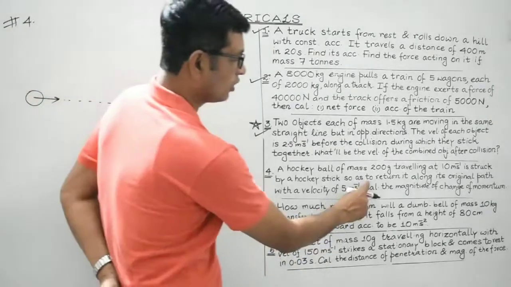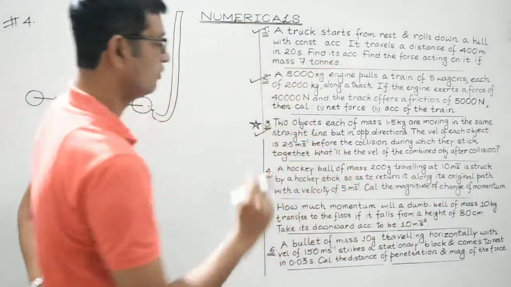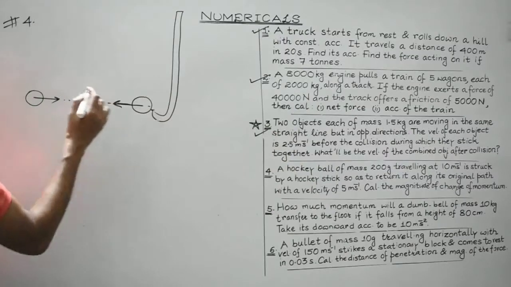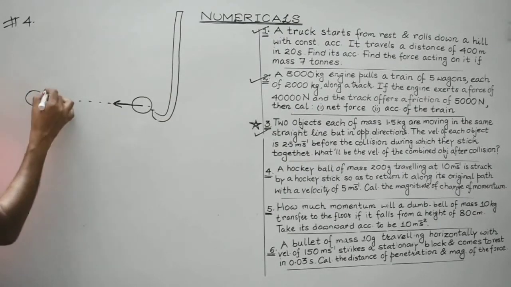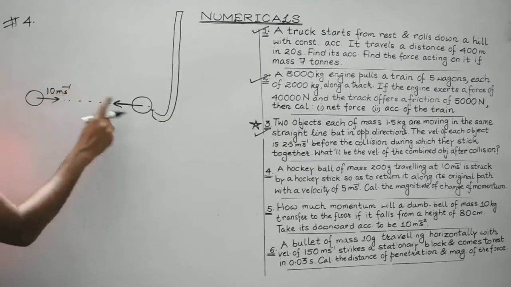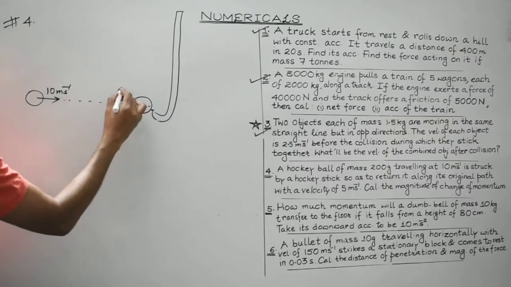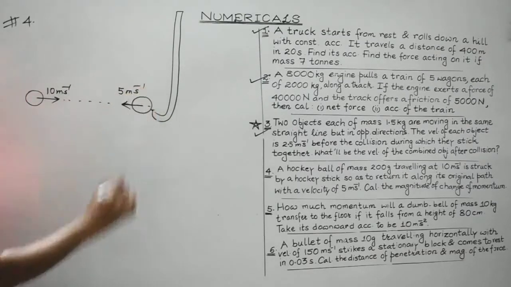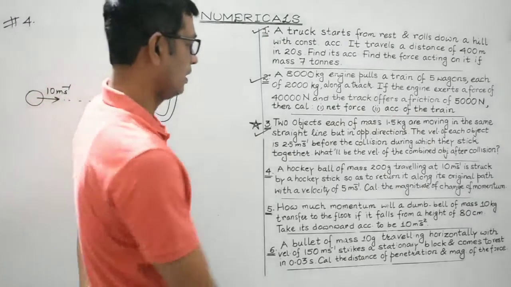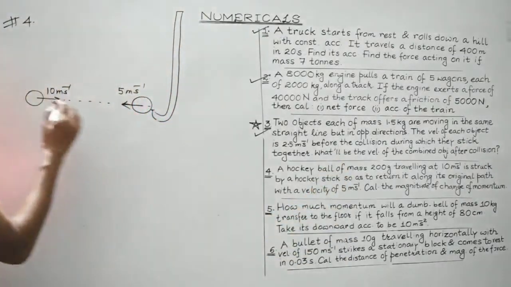So as to return it along its original path with a velocity of 5 meters per second. This velocity is given to be 10 meters per second and this velocity is given to be 5 meters per second.